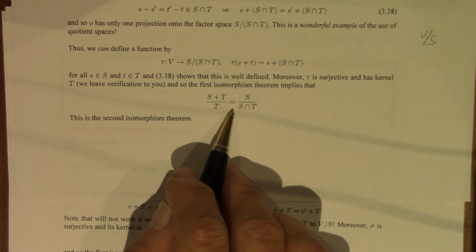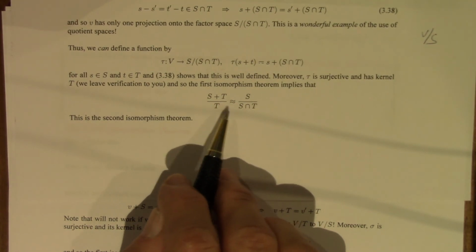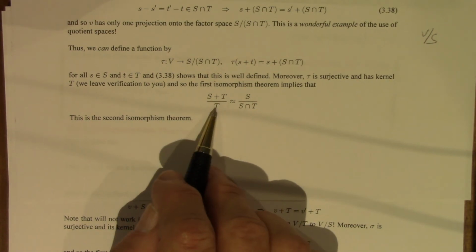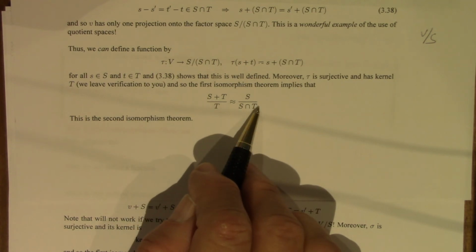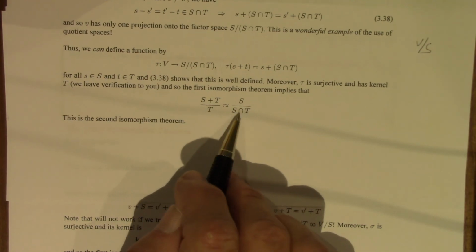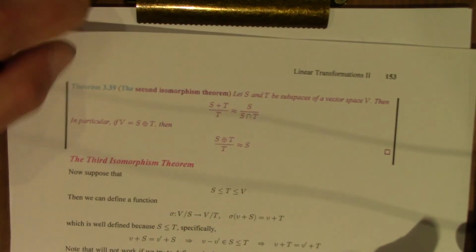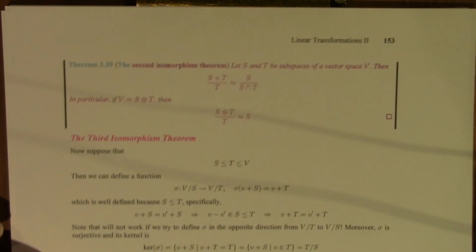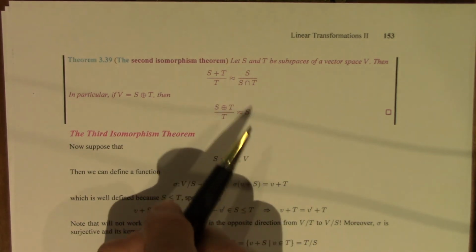So this is now what an application of the first isomorphism theorem looks like. S plus T, which is V, mod the kernel, is isomorphic to the image. This is the second isomorphism theorem. So this one's a little trickier to remember.